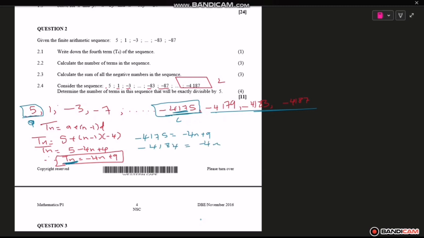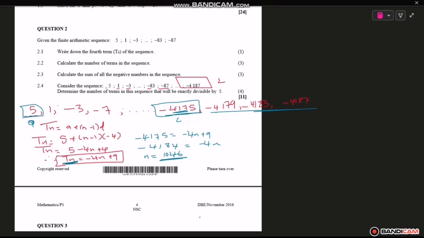Therefore, you can divide both sides by negative 4. Okay, n becomes positive 1046.